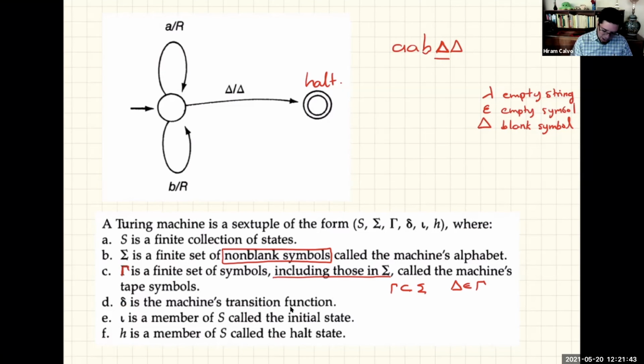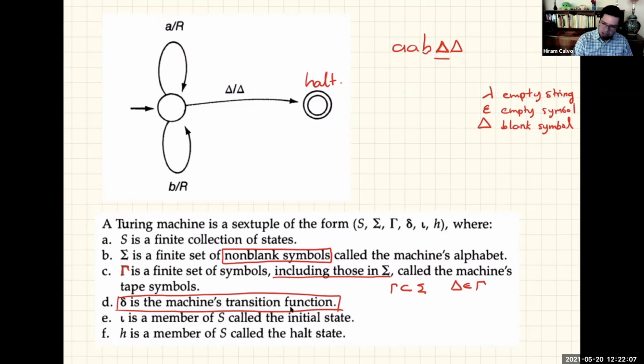And also we have delta, which is the machine's transition function. And the same as before, please remember the definition of deterministic finite automata. And also remember the definition of push-down automata. Please remember the difference in this delta.